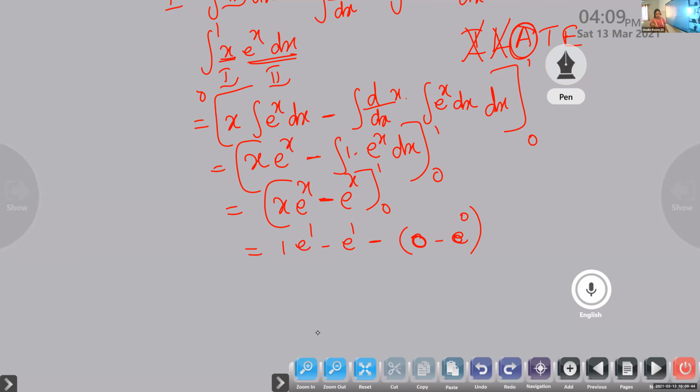Anything raised to 0 is 1. Is it okay, children? Integration by parts, is it clear?